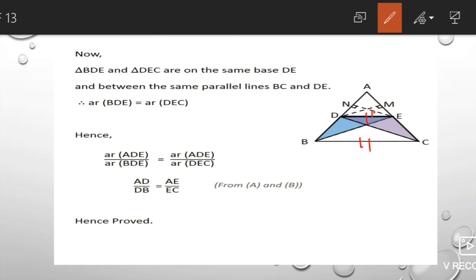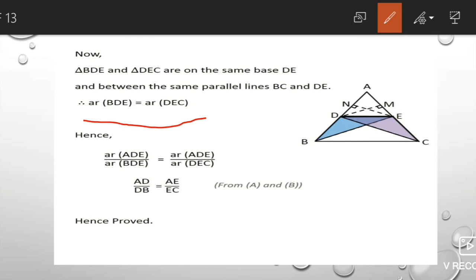And in class 9 you know the theorem that if two triangles lie on the same base and between the same parallels, then their areas are equal. So triangles BDE and DEC lie on the same base DE and between the same parallel lines DE and BC. That's why area of BDE is equals to area of DEC.